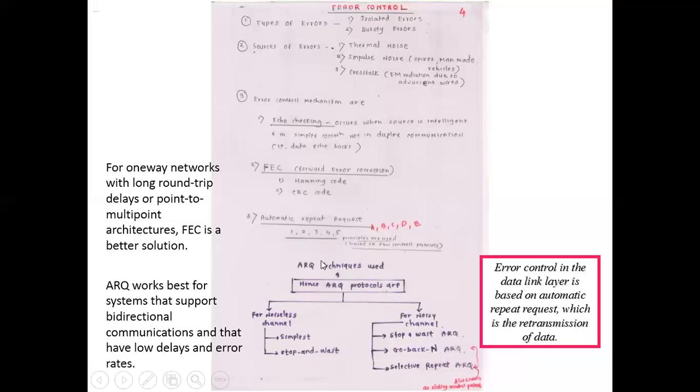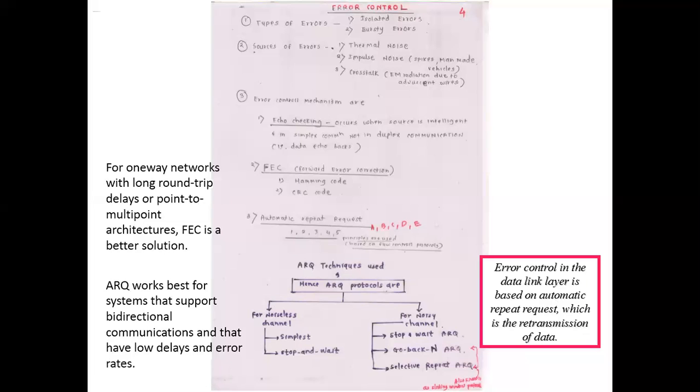The ARQ technique is classified in two forms: number one for noiseless channel and number two for noisy channel. Noiseless in the sense of less traffic flow, less network congestion, or almost zero network traffic. And as far as noisy channel is concerned, the network traffic is huge.